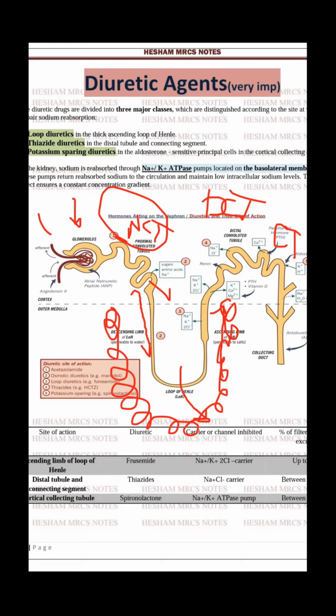Then you have a very important substance to assess the effective renal plasma flow. This substance is called PAH, para-aminohippuric acid. It is a solute which is completely cleared with a single passage through the kidney, and it can be used to assess the effective renal plasma flow.